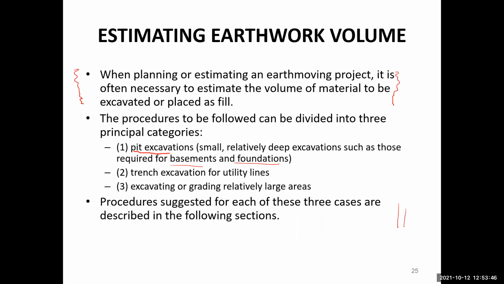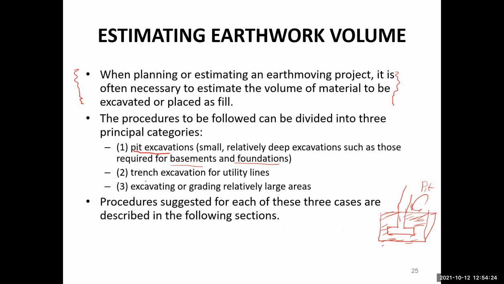So for example, if you have this column and then you have its base, then from the earth you have to remove this much volume of the soil. That volume of the soil that is removed is called the pit. So a pit is a very localized type of excavation, usually deep and having a limited amount of length and width.